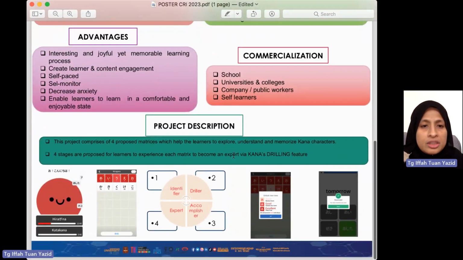And this is the project description. This project comprises 4 metrics which help learners to explore, understand, and memorize Kana characters. Inside here, there are 4 stages.